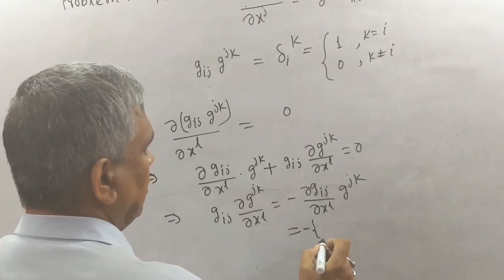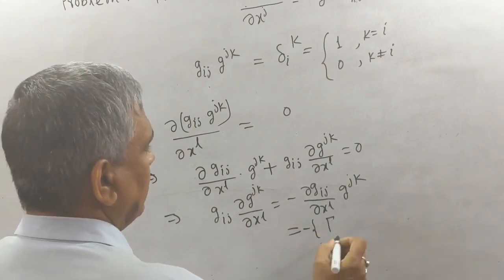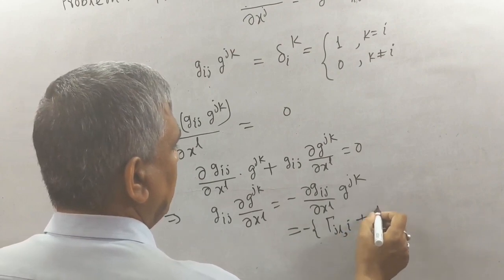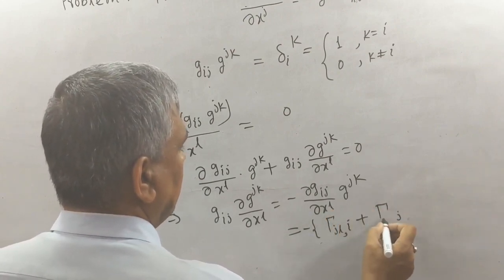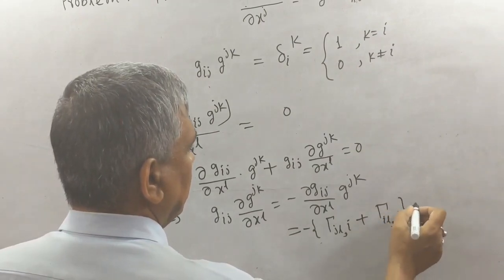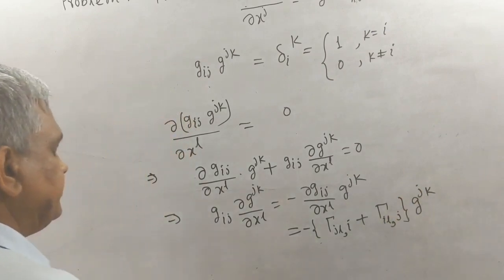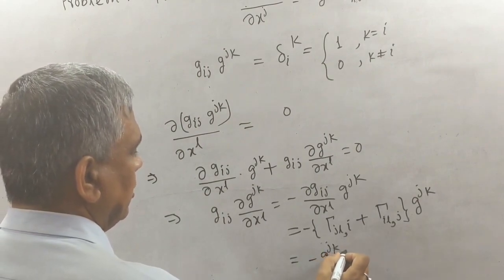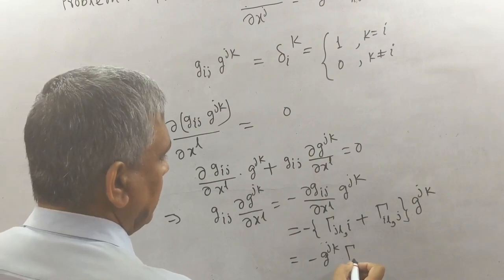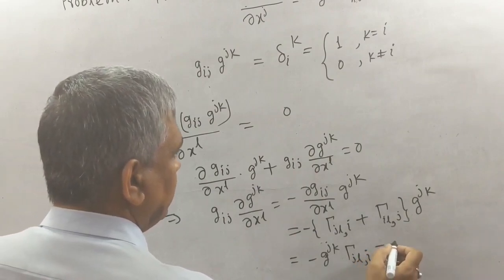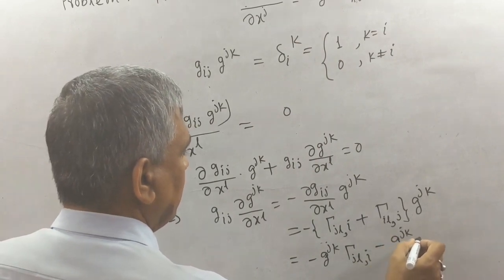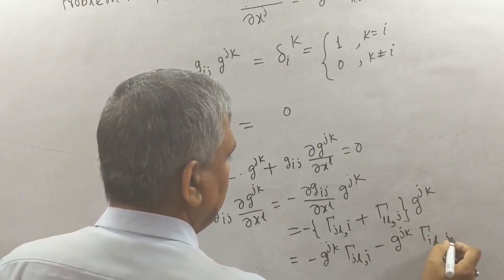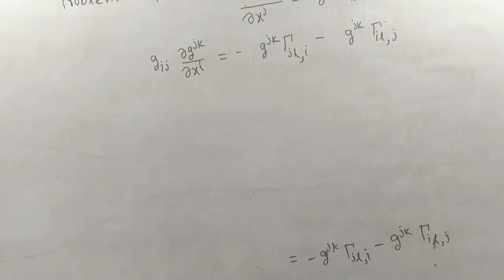Here this will be gamma ijl plus gamma jil, g_jk equal to minus g gamma jli minus g_jk gamma ilj, multiplying both sides by g^ip.